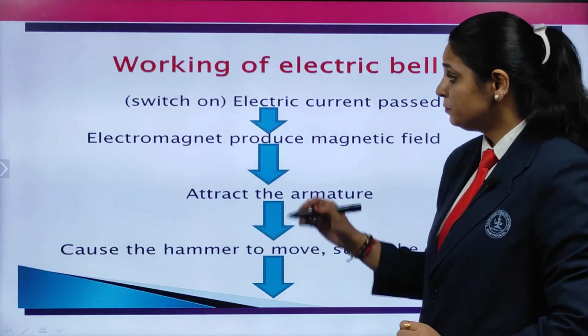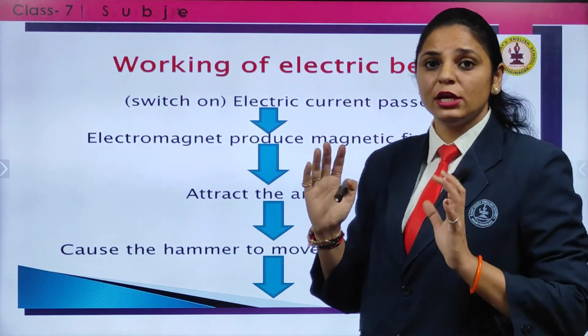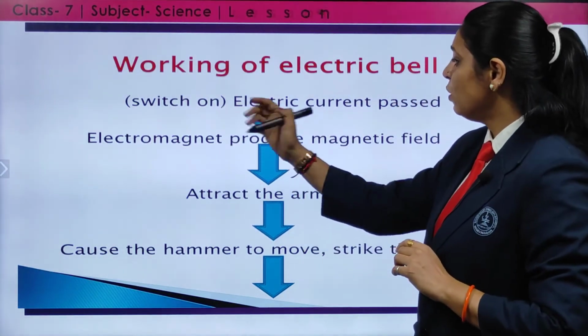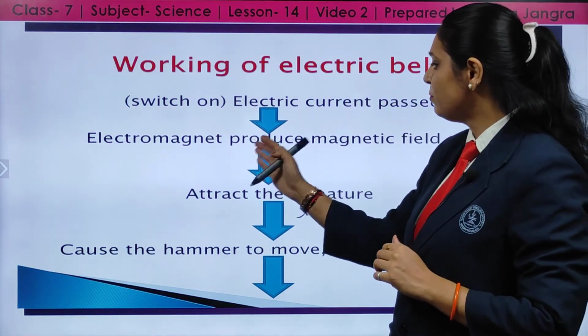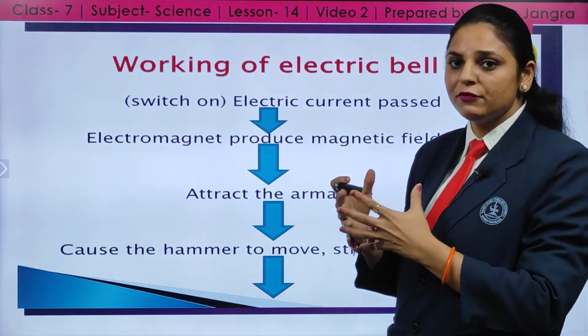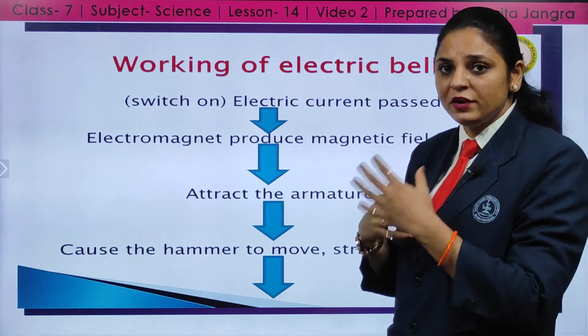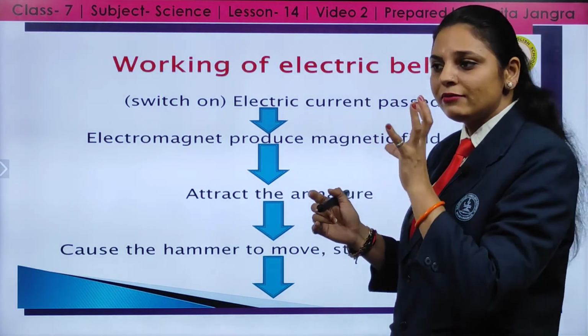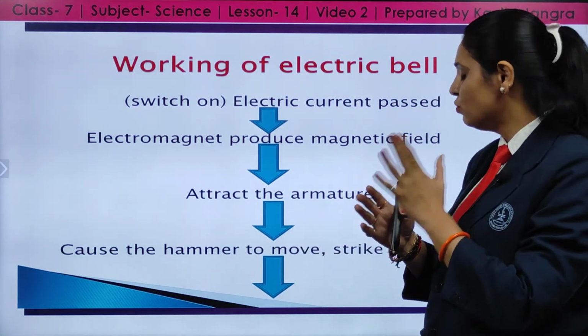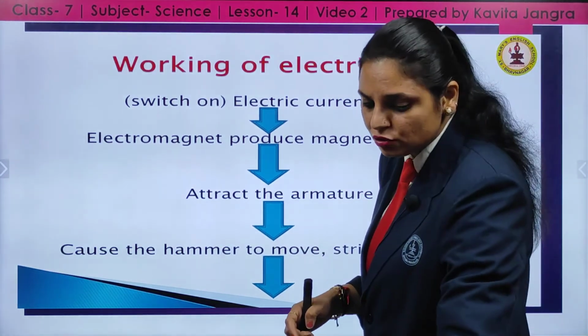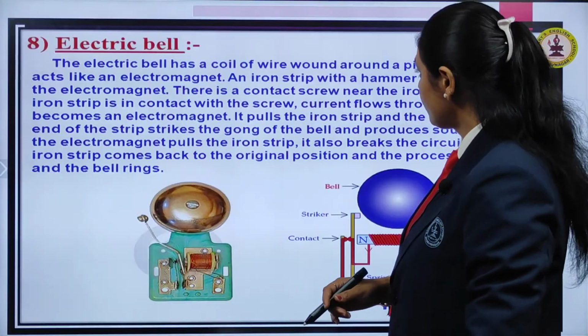So what is the working of the electric bell? When you turn on the switch, the electric current will pass through it, and the electromagnet produces a magnetic field. As the magnetic field is generated, it will attract the armature towards itself and cause the hammer to move and strike the gong. Let me show you clearly on the picture.